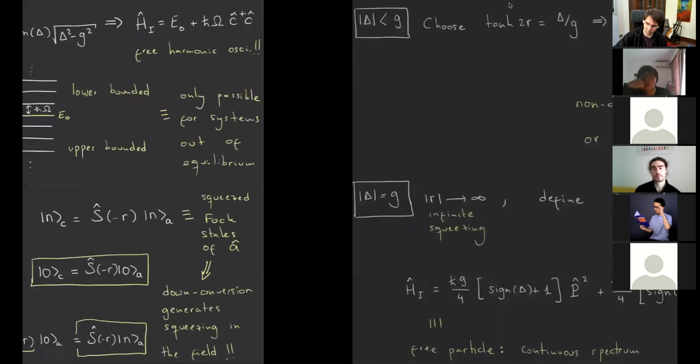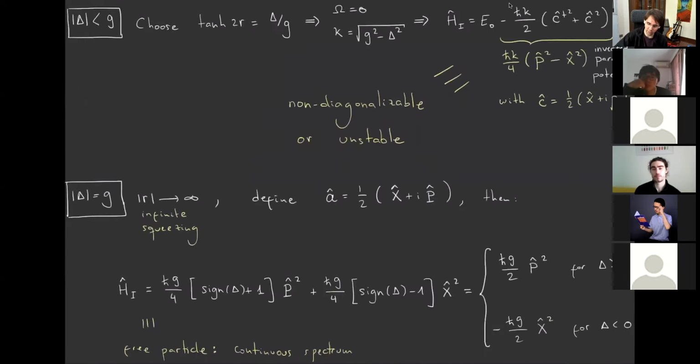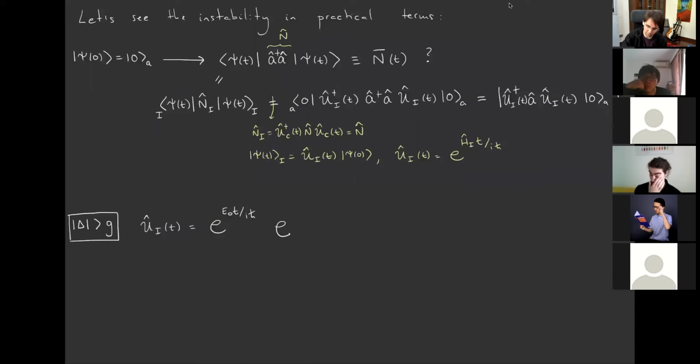So let me just remind you quickly. The Hamiltonian in this situation can be written as h bar omega c dagger c, and therefore the time evolution operator is nothing but e to the minus i omega t c dagger c. Okay.